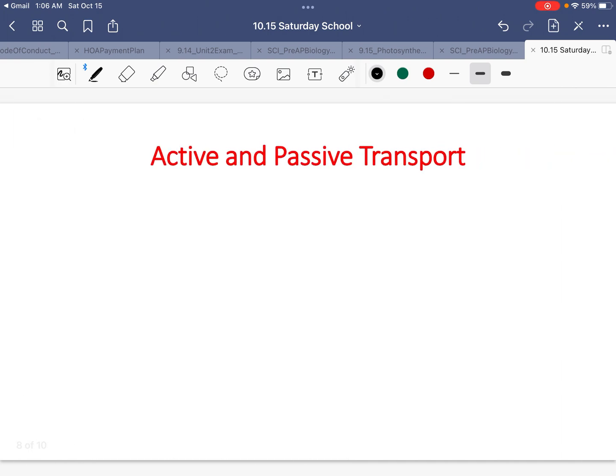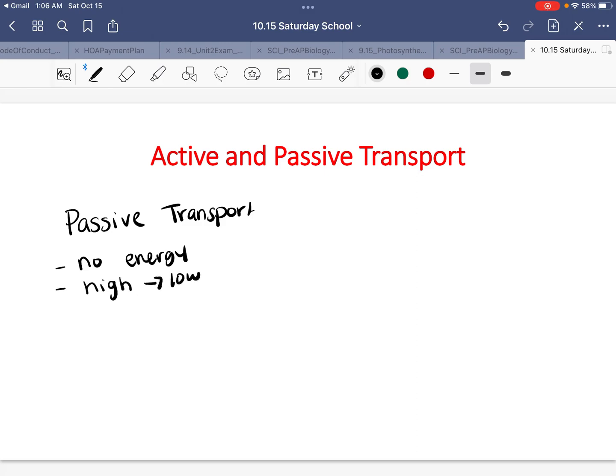So again, active and passive transport. For passive transport, we learned that it requires no energy. So it just passes through. Passive transport, you're moving from high concentration to low concentration, which is called moving with the concentration gradient.